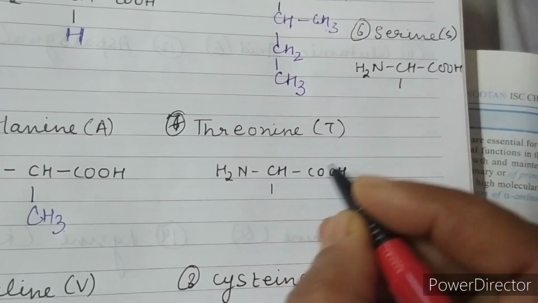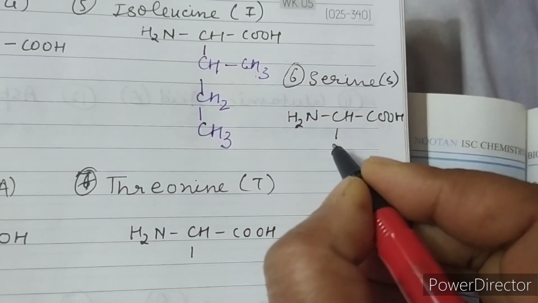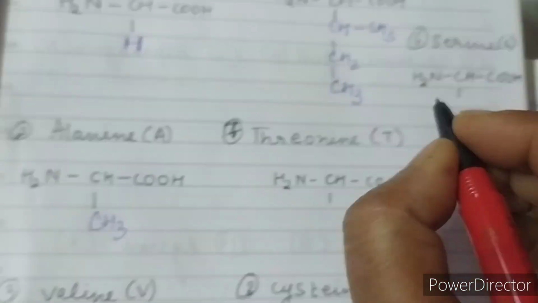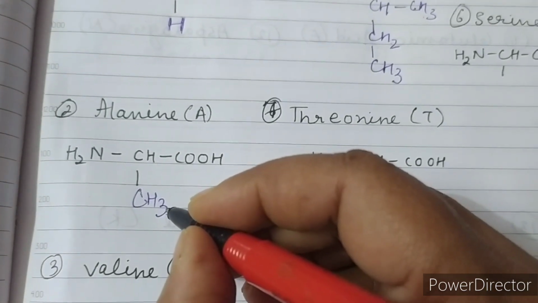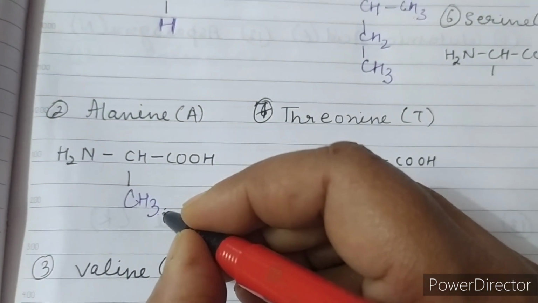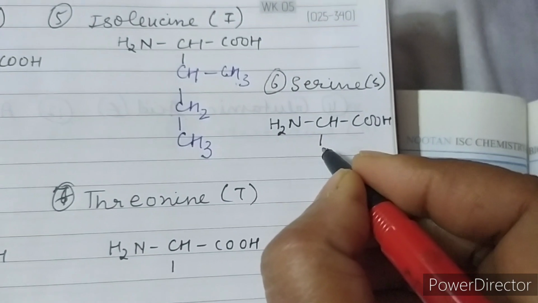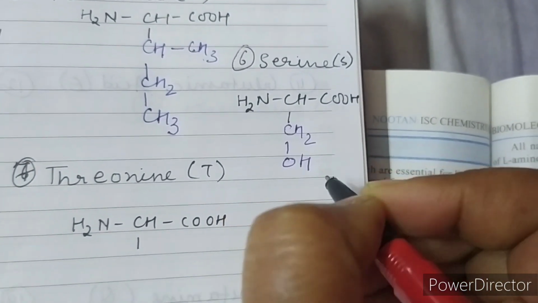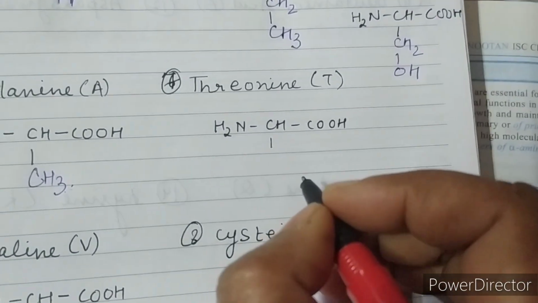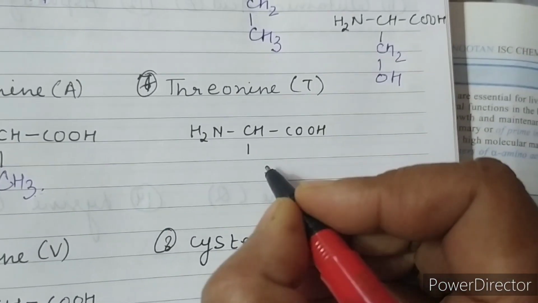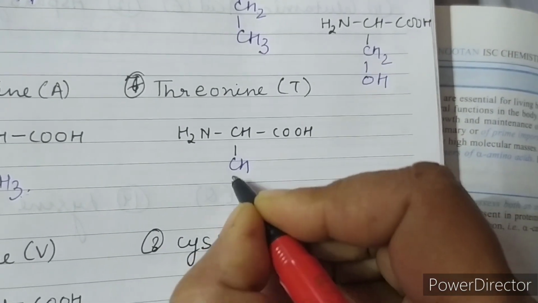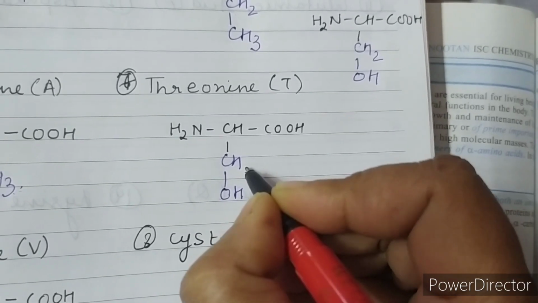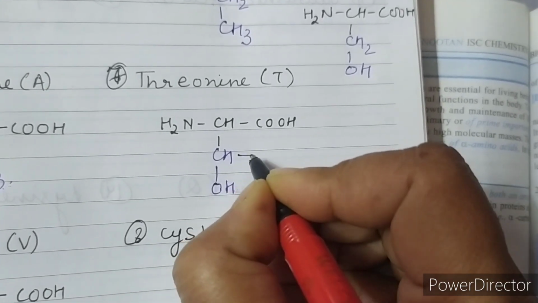Next is serine. First, in this case we will remove this CH3, 1 H we will remove and put OH, so that will come to be CH2OH, that is serine, represented by S. Next is threonine, where again CHOH is common and we will replace 1 H with CH3.